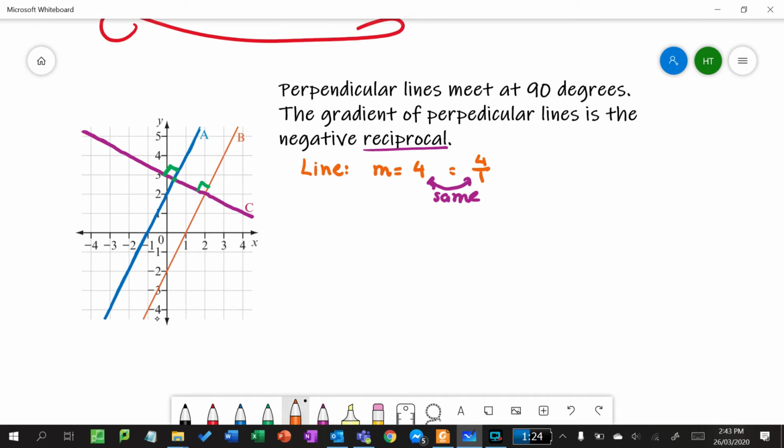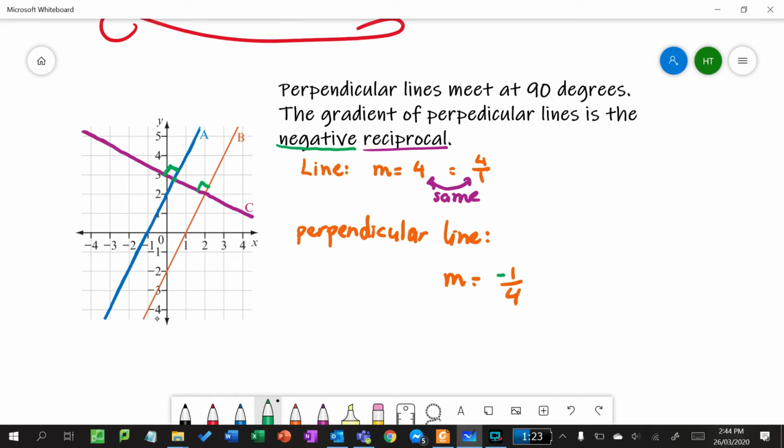The perpendicular line will have a gradient of, the reciprocal means you take a fraction and turn it upside down. So 4 over 1 becomes 1 over 4. And we need to find the negative. So that means the whole fraction becomes a negative. So 4 over 1 becomes negative 1 over 4.